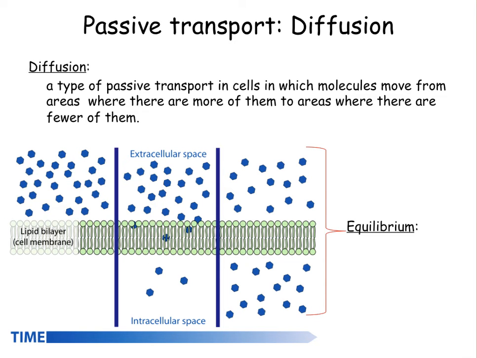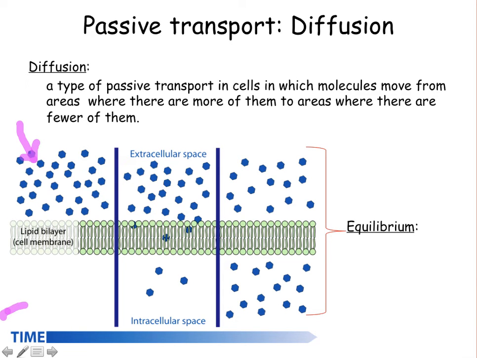Let's take a look at the pictures, starting with the left. To understand how diffusion works, you first have to identify the direction of the concentration gradient. In this picture, there are more molecules outside the membrane than inside the membrane. So here we have a high concentration.